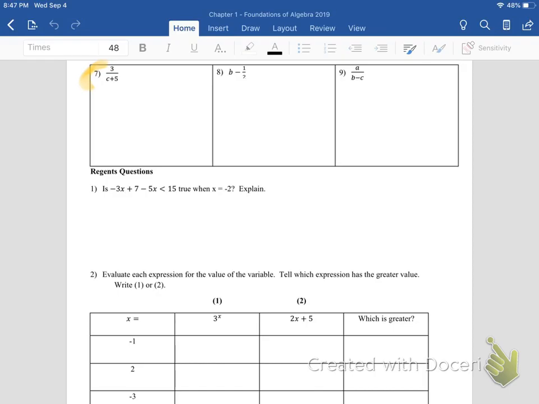Let's take a simple example. Let's go to a plain page. So let's say I had 3 divided by 4 plus 2. Now, if you did that in your brain, you would naturally add 4 plus 2, and you would get 6, and 3 out of 6 is 1/2, so your calculator would return to you 0.5.